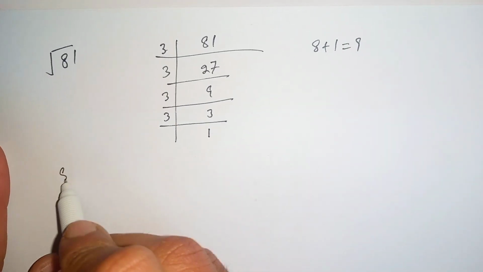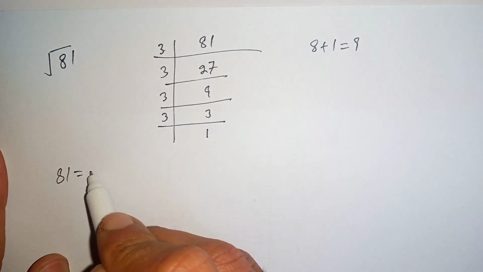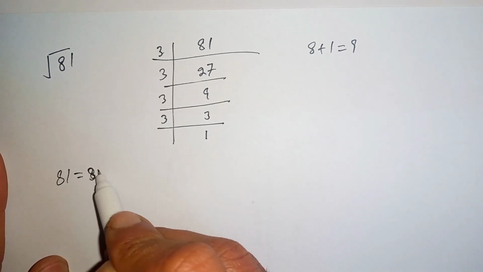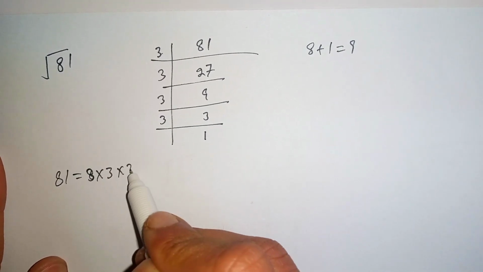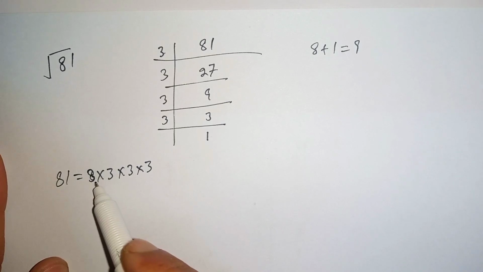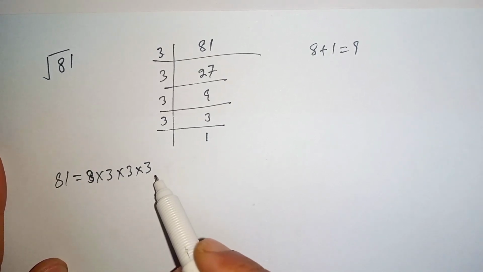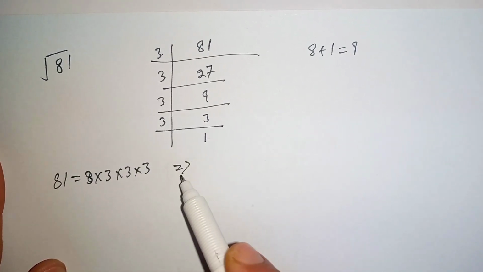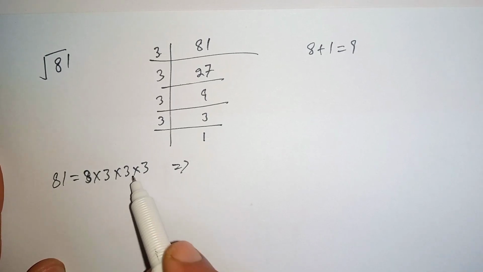So we will write 81 as the product of its prime factors: 3 times 3 times 3 times 3. Now we will write these 3's as pairs.